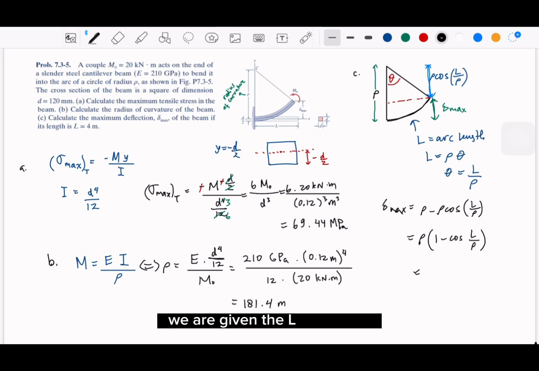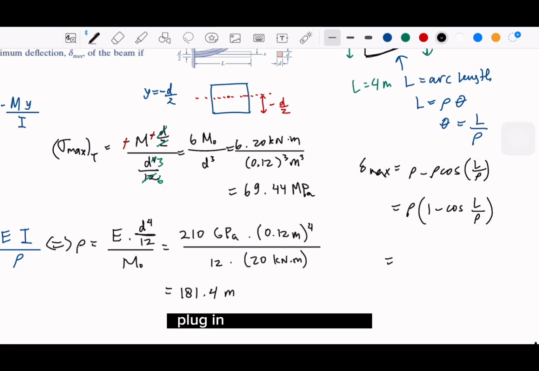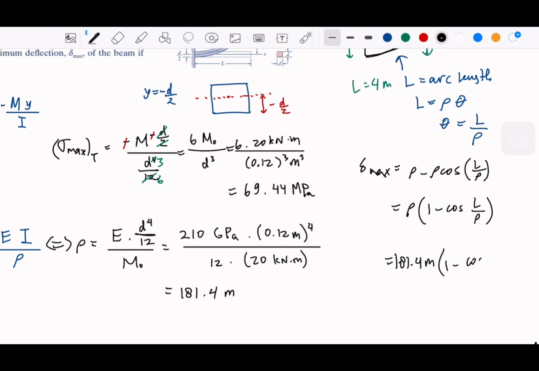The length L is 4 meters, right? So we could just simply plug in all the information. 4 over 181.44.